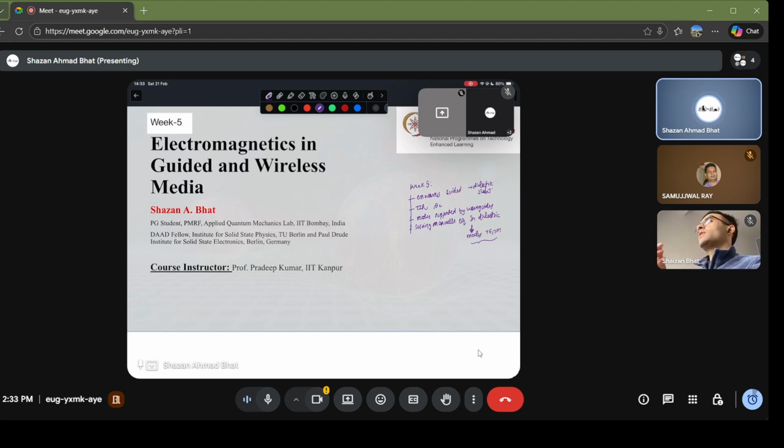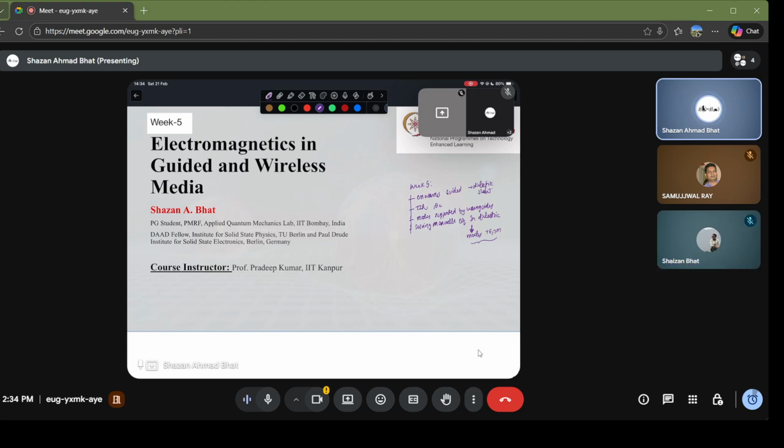What we are going to do today is directly jump to solve the problems, and in between, whatever important concepts are essential for understanding them, I will briefly brush up, but mostly it will be focused on the questions, and we'll try to briefly analyze what other effects we can correlate with the part you have done in this week. That's the fundamental thing we'll be trying to do in this session.